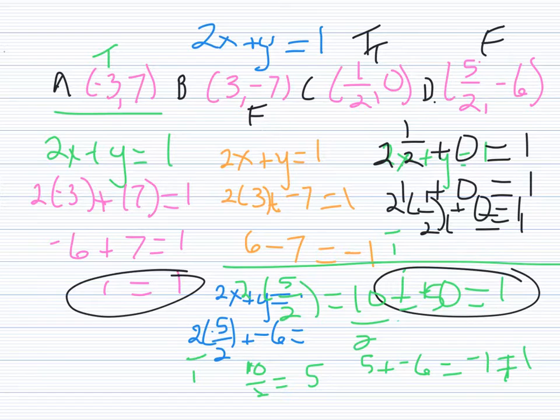So our equation will end up being 5 minus 6 equals 1. And that is not a true statement, because this would actually end up being negative 1. Negative 1 does not equal 1. So D up here is incorrect.